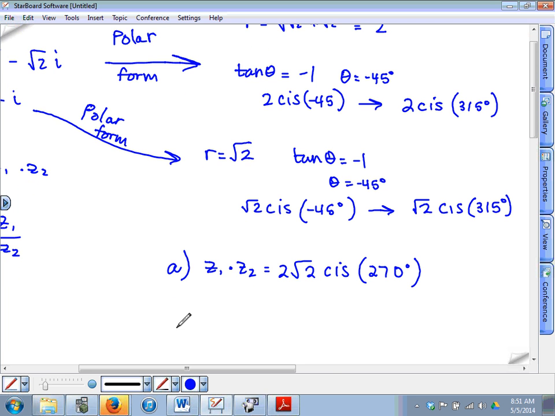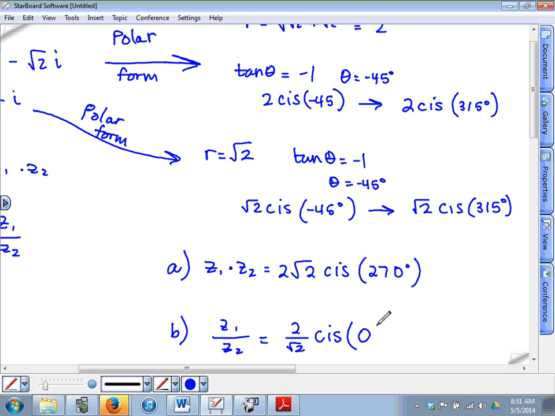Now for part B, the quotient of these two is going to be the quotient of the two R values, R1 divided by R2. Oh, man, that's going to give us a square root in the denominator. That's no good. We're going to have to mess with that in a second, but just to write this out before we do, what's going to be our argument here for the angle measure?